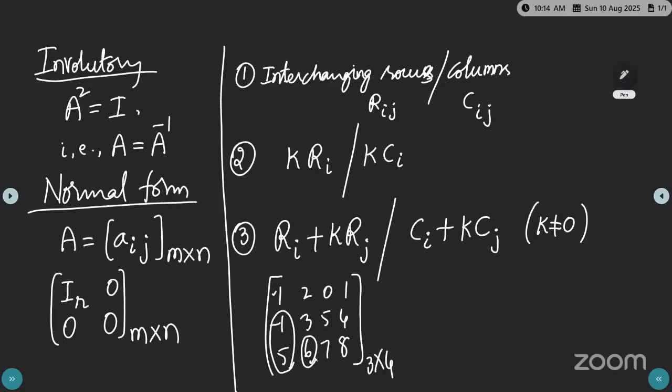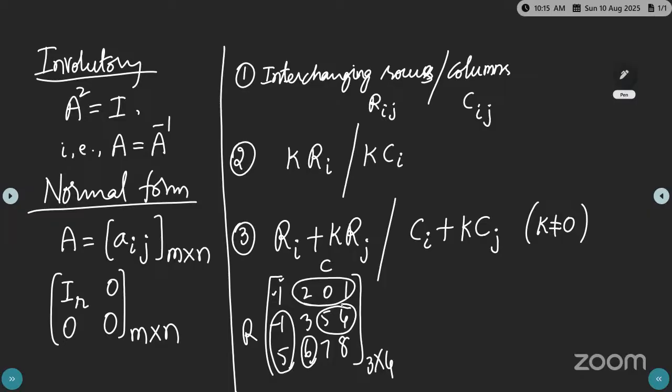Now this comes out like an upper triangular form. Next, by using column transformations, you will make these three zeros using this one. In the next step, you can make these two zeros.